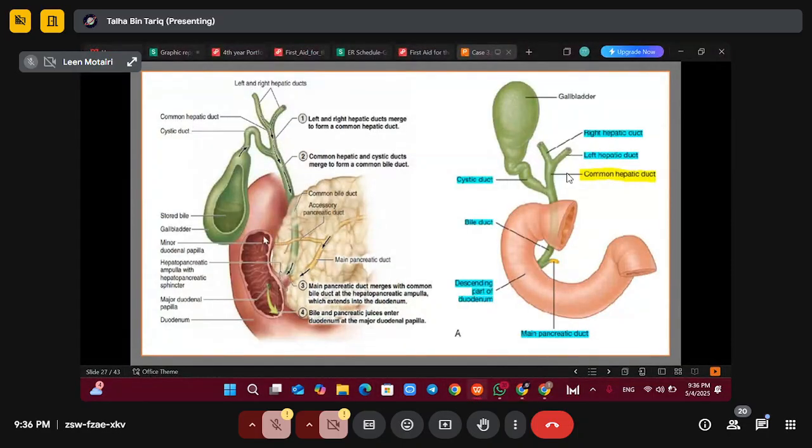Over here you can see this is the cystic duct, this is the right hepatic duct, the left hepatic duct forming the common hepatic duct. And then the cystic duct and the common hepatic duct will join to form the common bile duct.